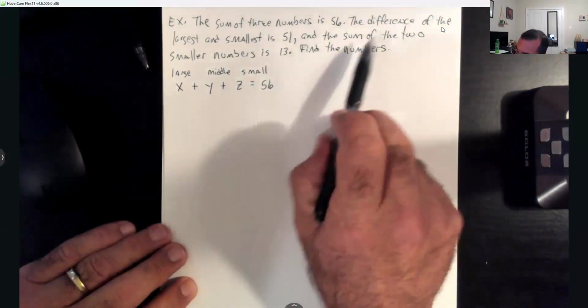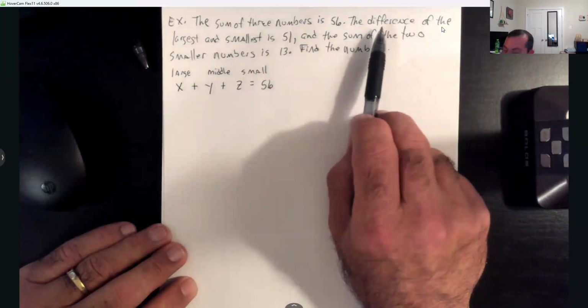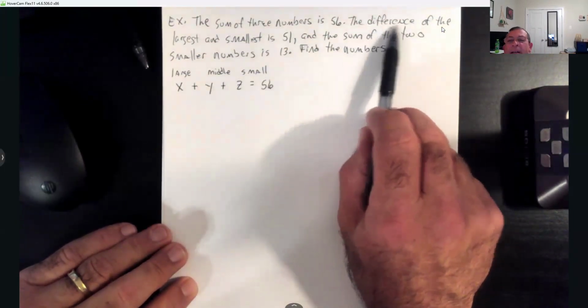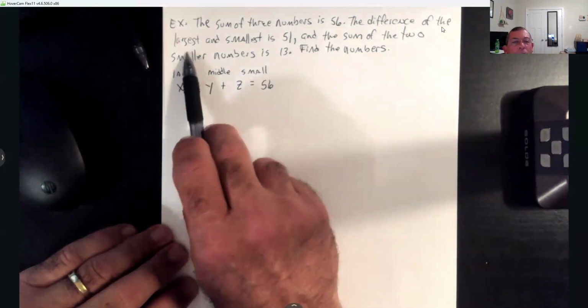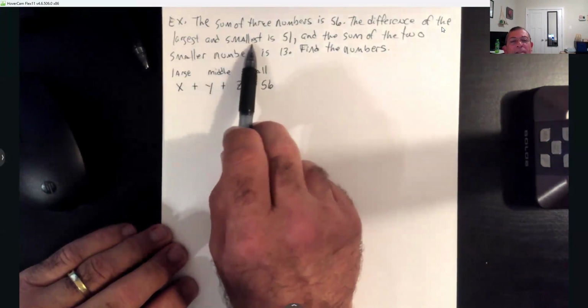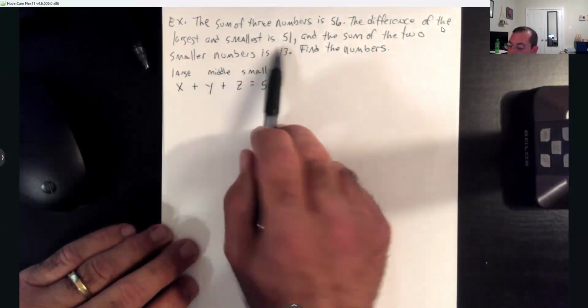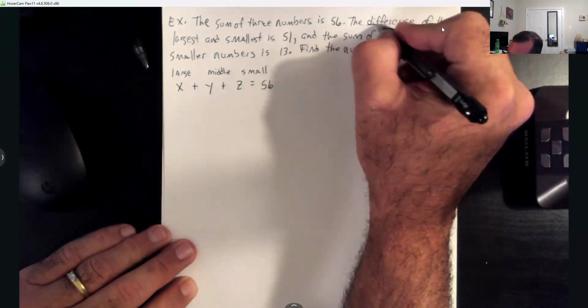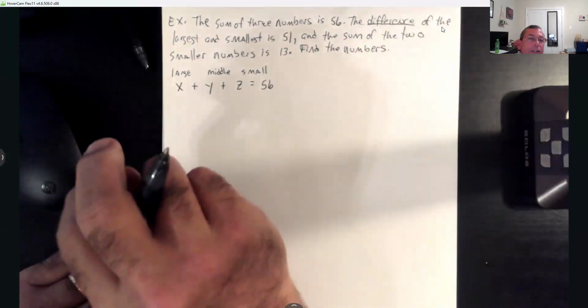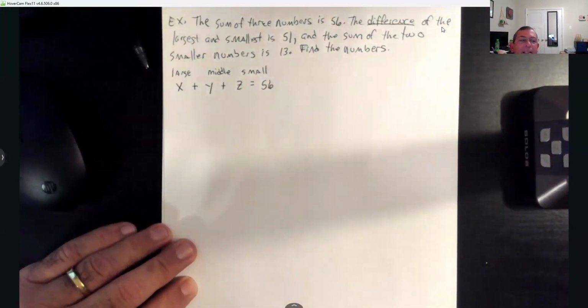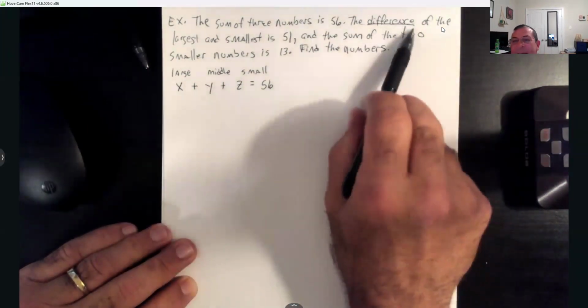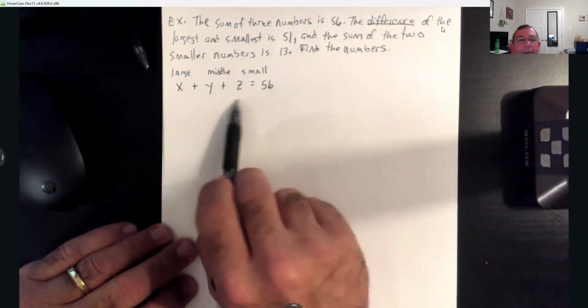That is not bad to put in. What you've got to watch out for is these next two. Look at this one. It says the difference of the largest and the smallest is 51. So the key word here is difference. Difference means subtraction. But remember, I've got to get the right two letters here.